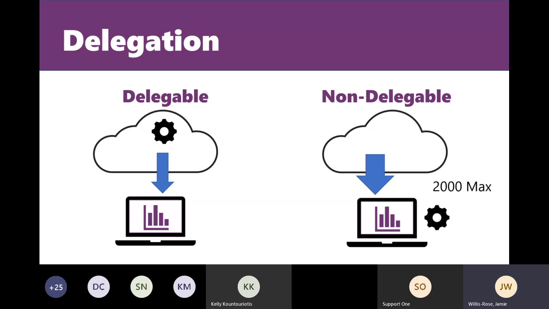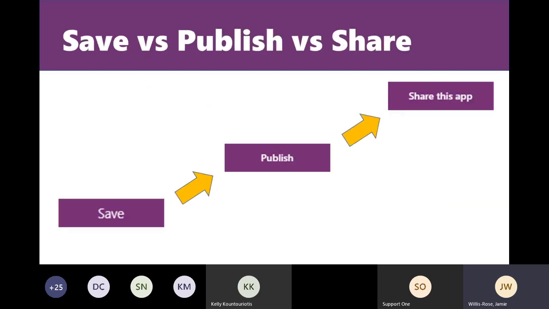If you do see a delegation warning, don't ignore it. See what else you can do to address it. Keep in mind that it could just be that the data source you're using isn't supporting the function you're trying to do, and you might want to see if you can find a different data source. Hint, CDS.